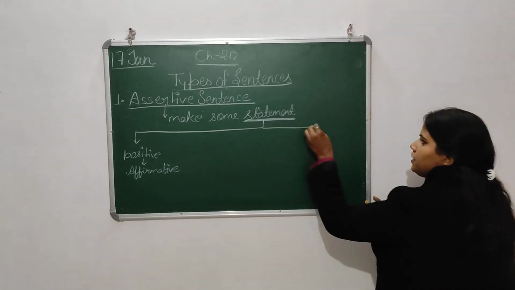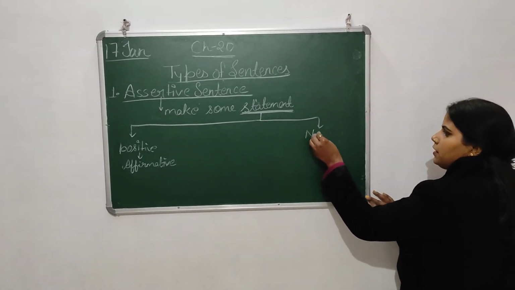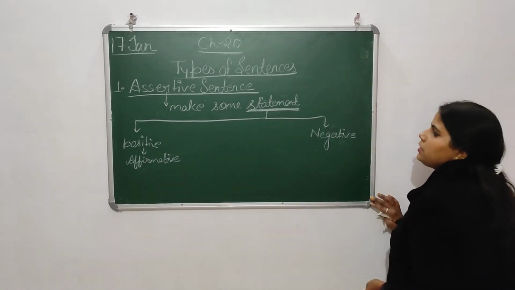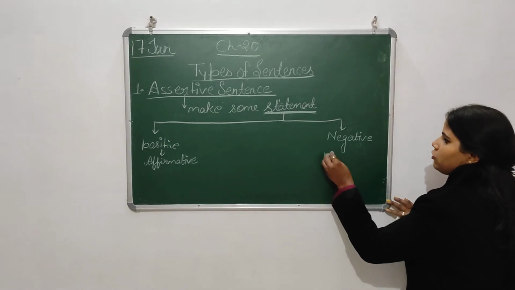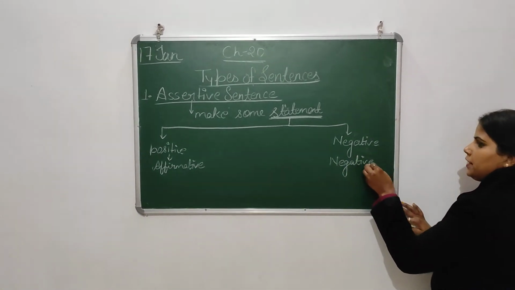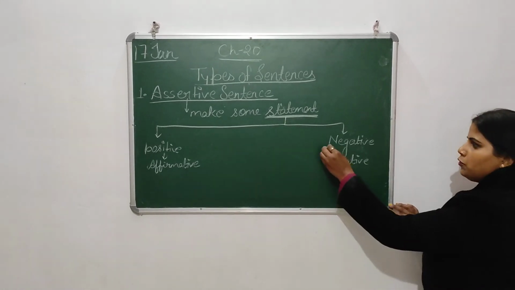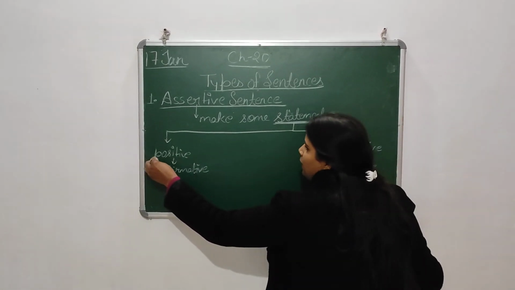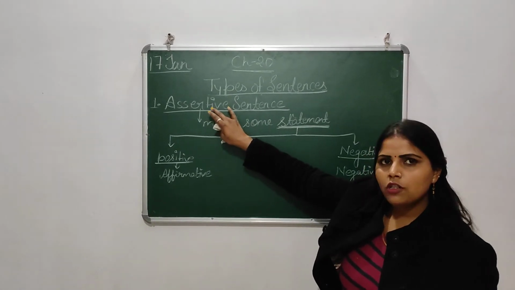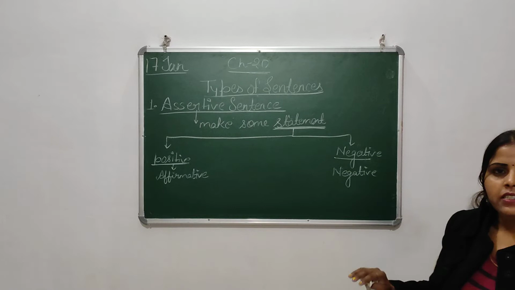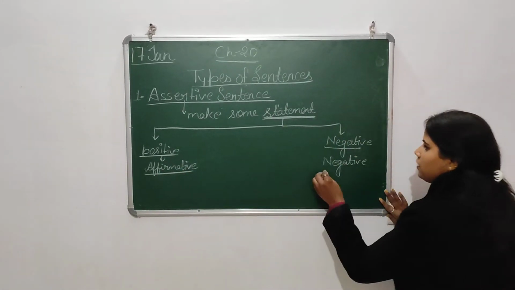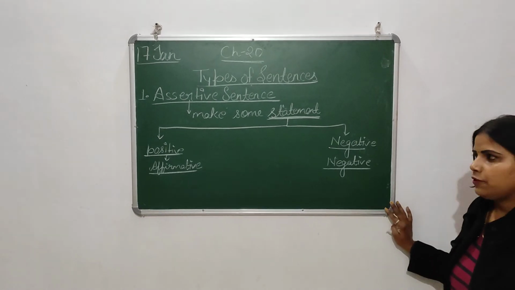And if the given statement is in negative form, this kind of statement is known as a negative sentence. So with this we understand that the assertive sentence has two types in itself. The first one is affirmative and the second one is negative.